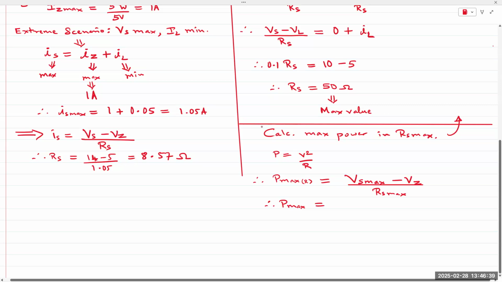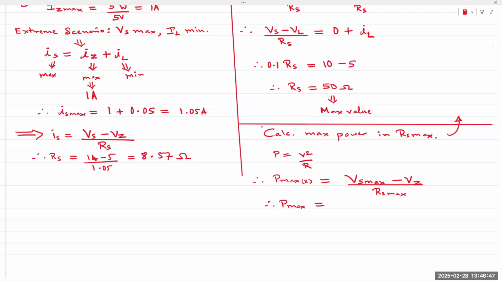There's no penalty. Maybe I should put a penalty. 0.18. Oh, forgot the square. 1.62, going once. Any seconds? Any thirds? Okay, I have 3. Sold. 1.62. That's the maximum power dissipation in RS.